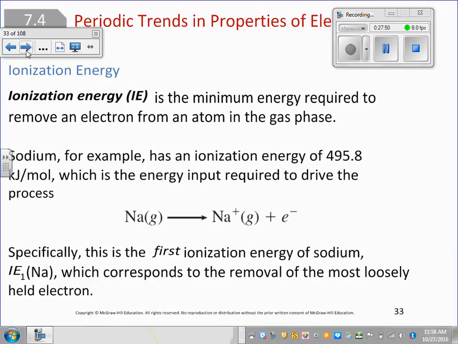What comes in the nucleus? Protons. So we added another proton. So now we have two protons holding on to the electron. Before, it took a certain amount of energy to pull it away from one. Now I've added more positive charge. It's going to be harder. So as you go from left to right, the ionization energy should increase.